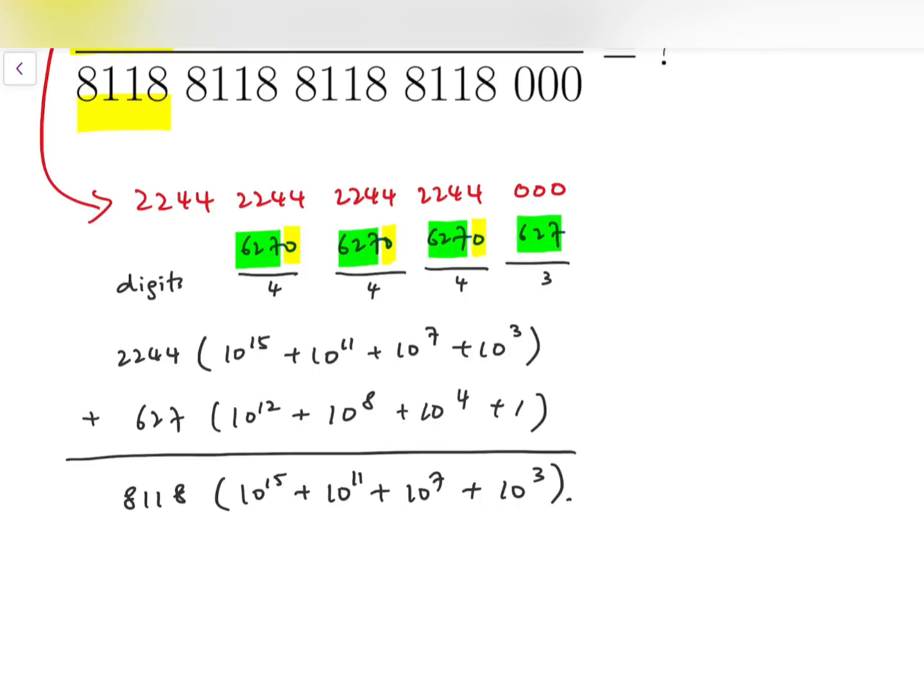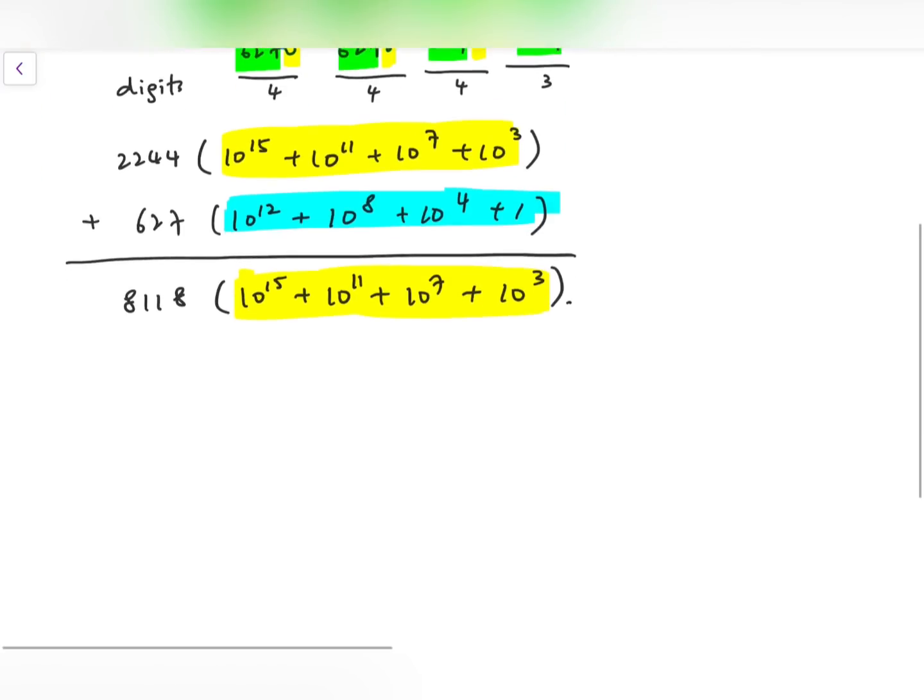Also, if you look more closely into these powers of 10, you will notice that for the one labeled in blue, the other 2 sums are actually 1000 multiplied by the one in blue, because all the indices are just increased by 3. So that means we can use the blue block as a common factor, and we can simplify the fraction.